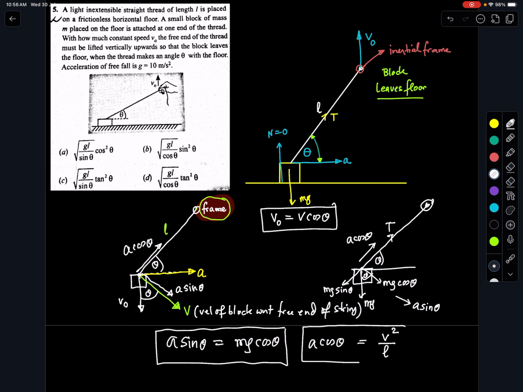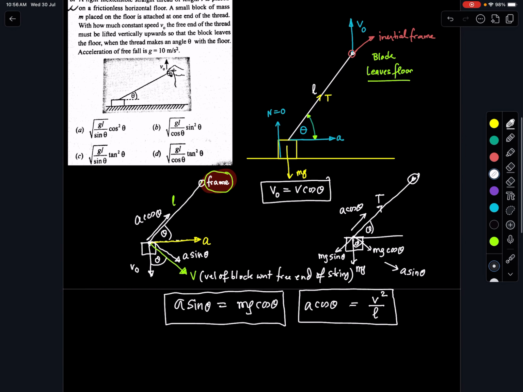So from these equations you will get the value of v naught. What we'll do here is divide these two equations.